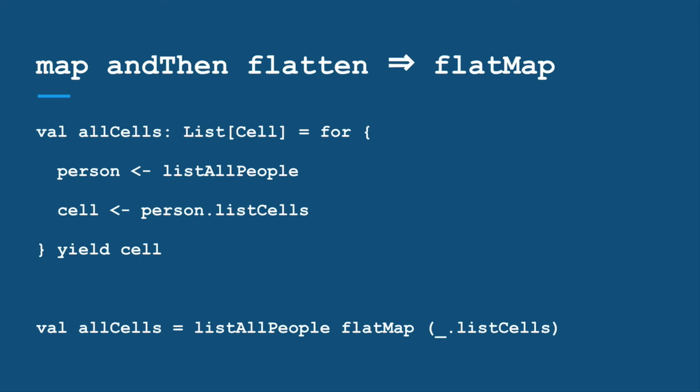Like if you were here and listened to Dick, that's how it's represented. When desugared, we take the list of all people and flatMap with the function called list cells. And why does this flatMap work properly? Because it's a monad.